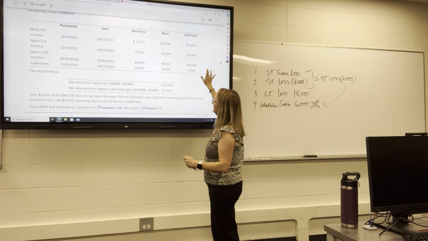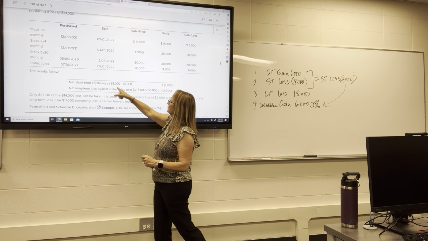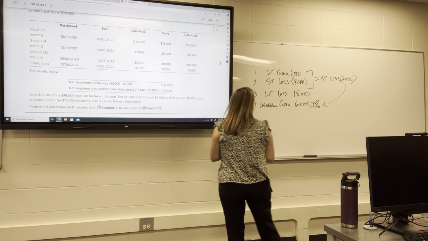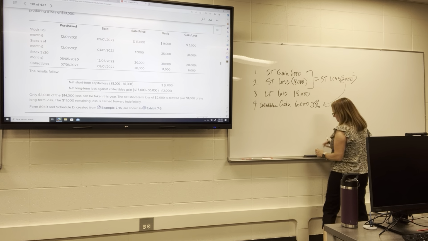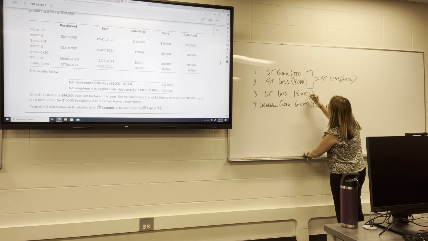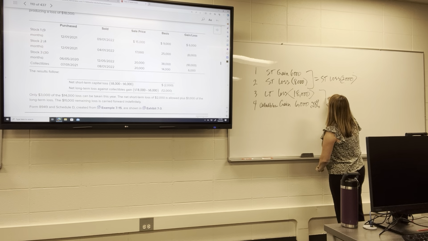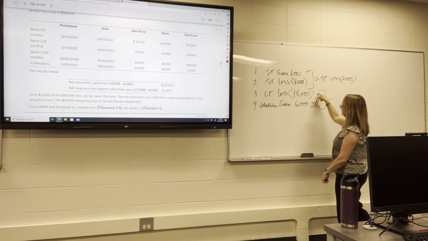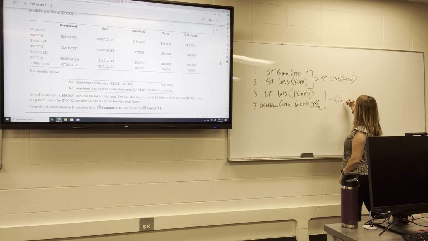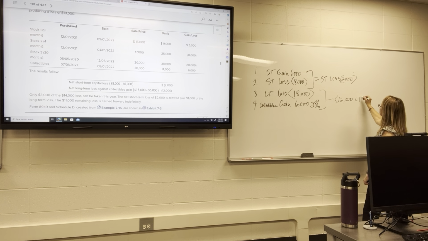What's the difference there? So now we're still going to net that short-term capital loss. We're going to net all of this. We get to net these two together because that collectibles is also long-term. Sorry, minus. That long-term loss is going to help offset that. So we'll have a $12,000 long-term loss.